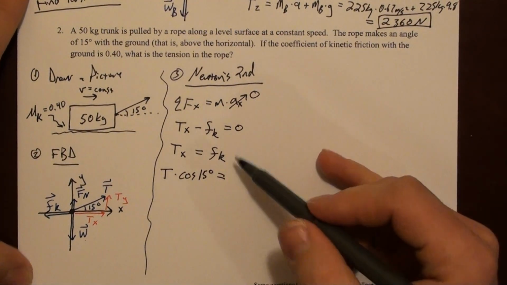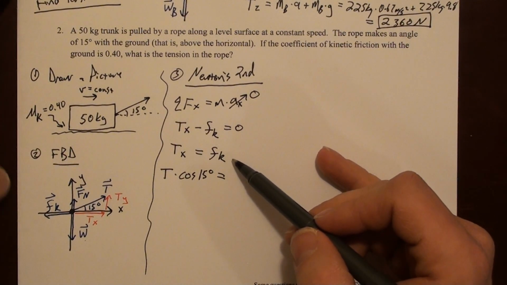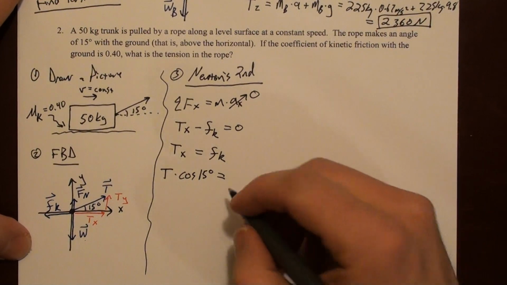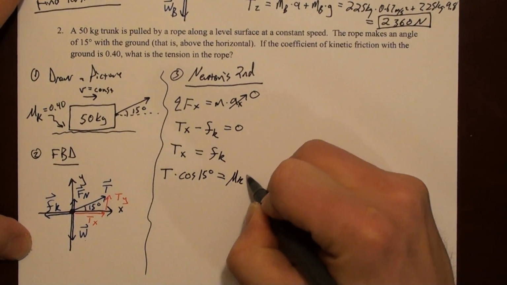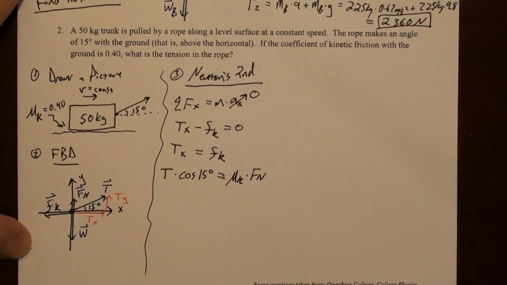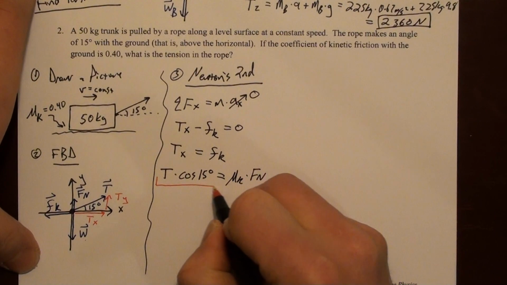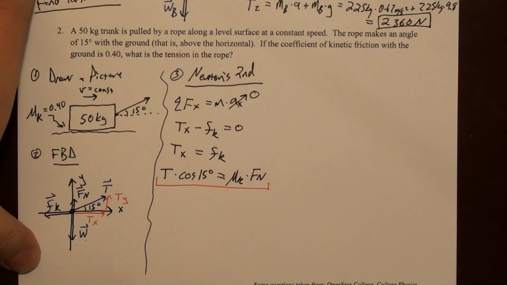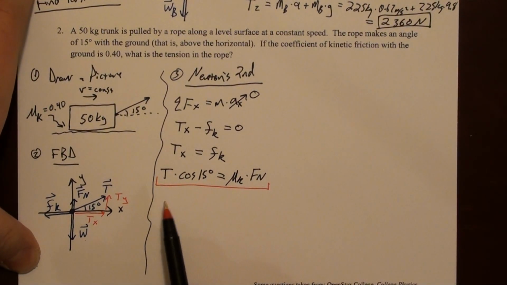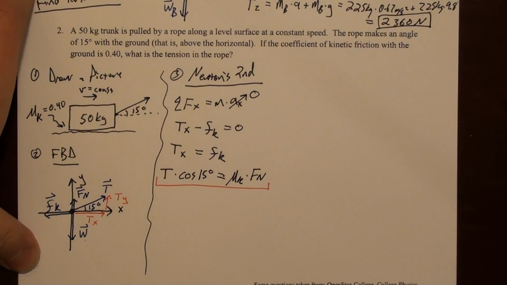And if you remember, the kinetic frictional force is a constant value, and it's mu sub k times a normal force. So that is one equation and two unknowns. Okay, we don't know tension, and we're solving for tension. And we don't know the normal force, so we need another equation.